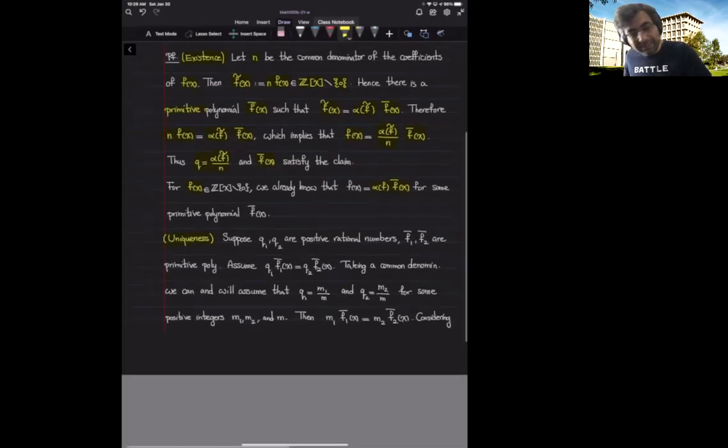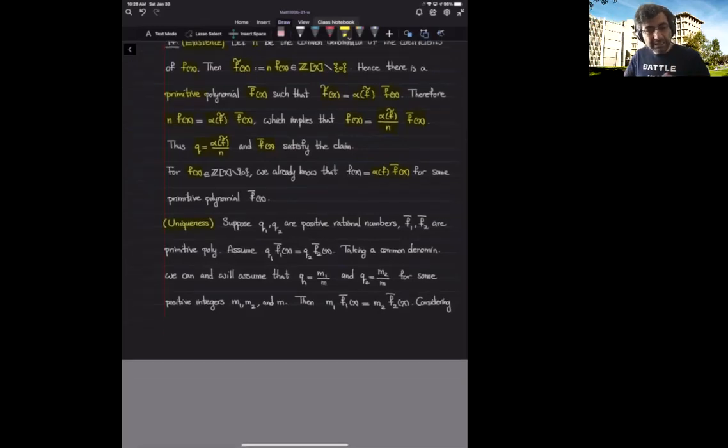Our tool would be passing to integers. Because Q1 and Q2 are rational numbers, I can find a common denominator, and assume that Q1 is M1 divided by M, and Q2 is M2 divided by M, the same denominator, for some positive integers M1, M2, and M.